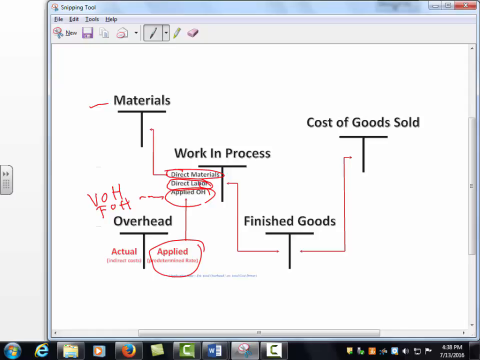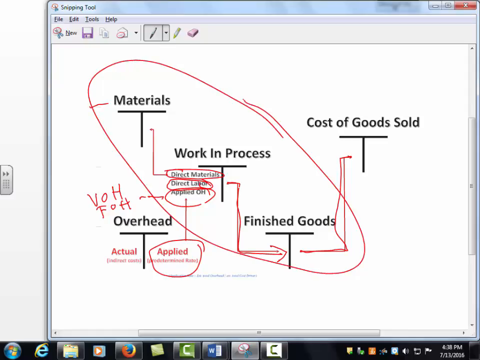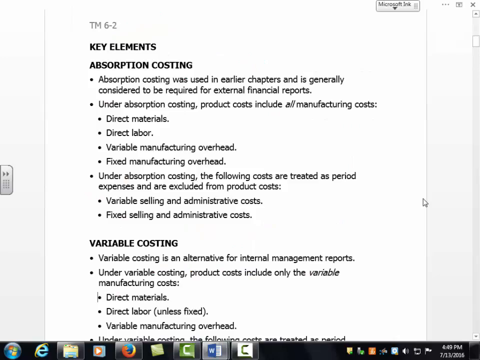Those costs then flow through work in process and go to finished goods. And then at the point that we sell our product, that finished goods then becomes an expense. So at this point in time, all of these are inventory accounts, and that's what we learned.